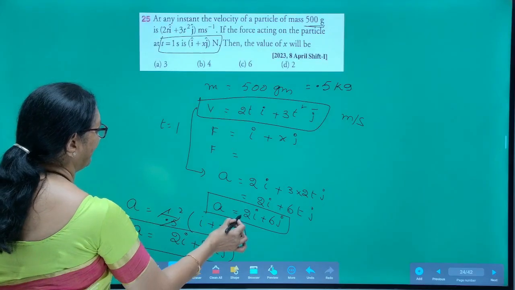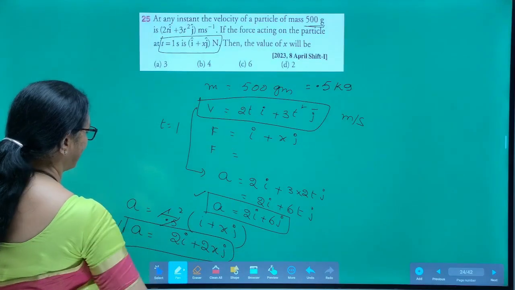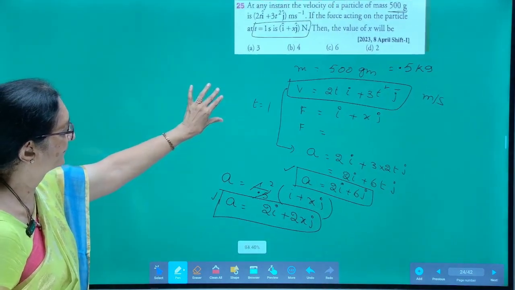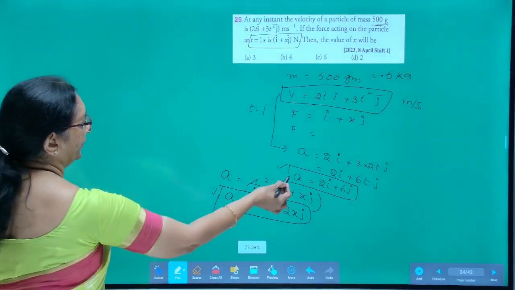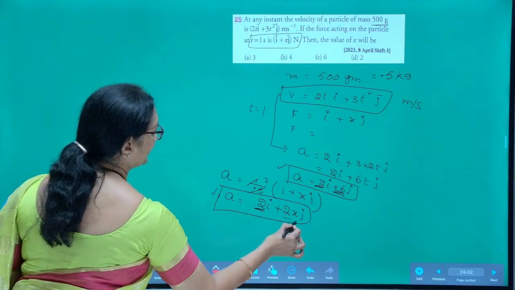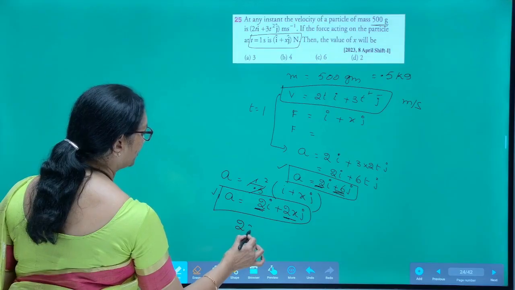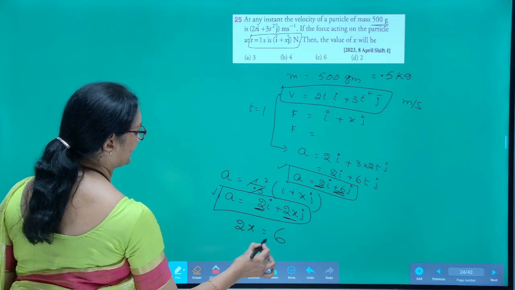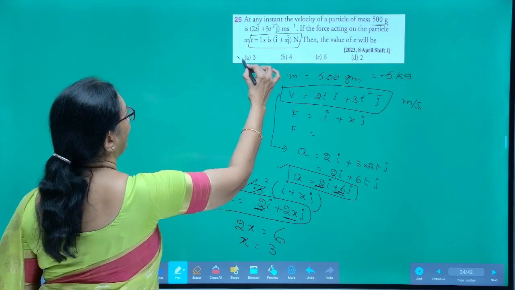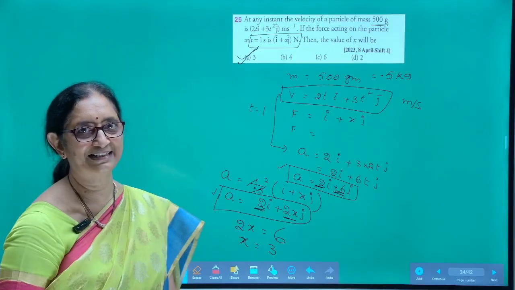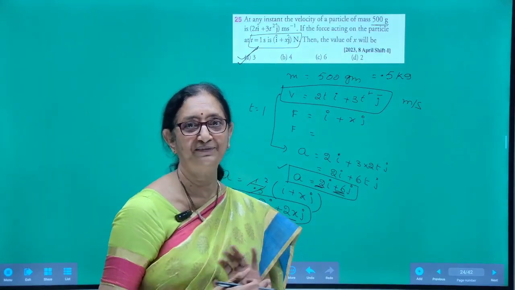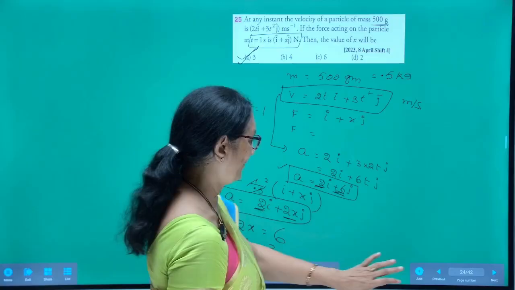From the velocity expression, this is acceleration. Comparing these two expressions, i coefficients are same, j coefficients must also be the same. So, 2x is equal to 6. So, x is equal to 6 by 2, that is 3. That is the answer. Okay, simple problem, but it's a beautifully set problem.